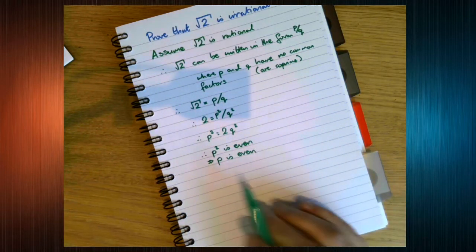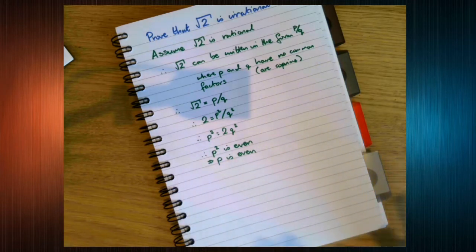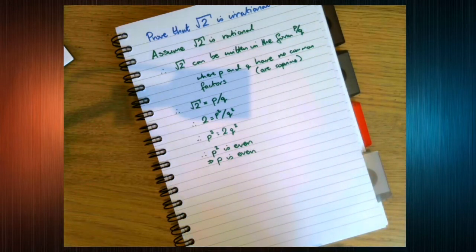Because if a number is even and a square number, p is then also even. Okay? All the even square numbers you know, the square root is always an even number.